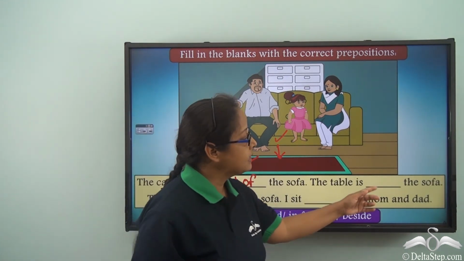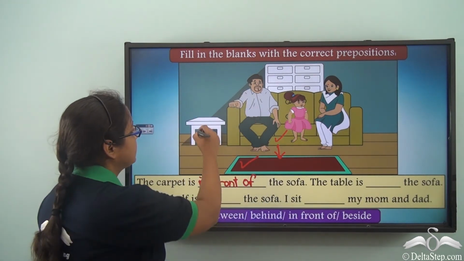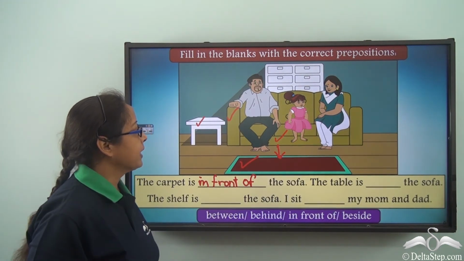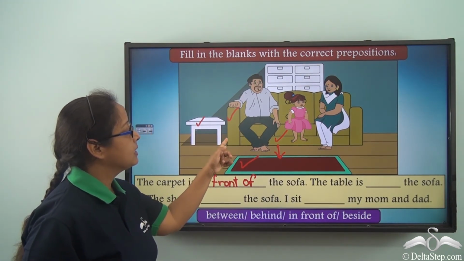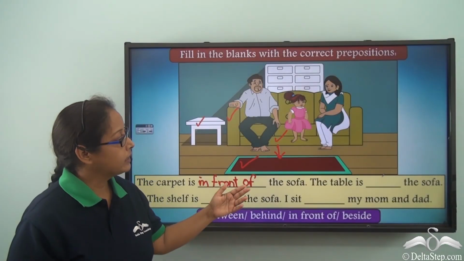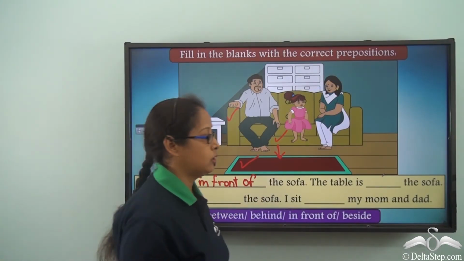The table is dash the sofa. Here is the table and here is the sofa. So we can see that this table is at the side of the sofa. So we can also say that the table is beside the sofa.